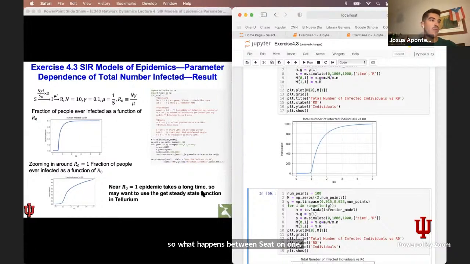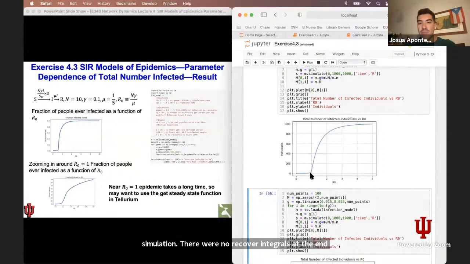You basically have no final number of infected individuals because the epidemic failed to take over. So there were no infected individuals at the end of the simulation. There were no recovered individuals at the end of the simulation.